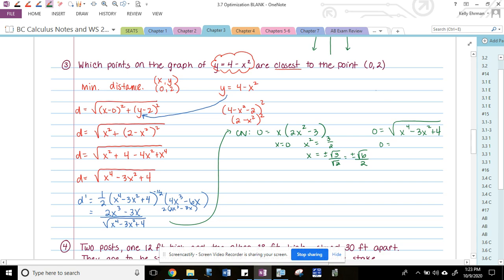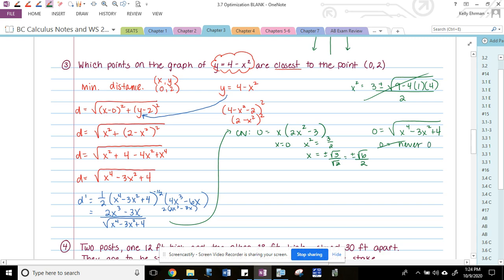You can do quadratic formula. We wouldn't normally say to do this. Yeah, if this were a calculator problem, I'd just look on my calculator. But you can say x squared would equal 3 plus or minus the square root of 9 minus 4 times 1 times 4, all over 2. x squared would equal 3 plus or minus something imaginary over 2. So yeah, that's not going to be possible. So you can say, oh, never 0.